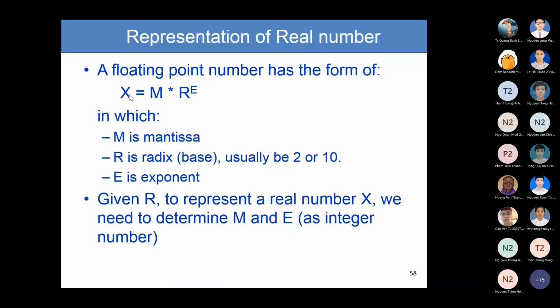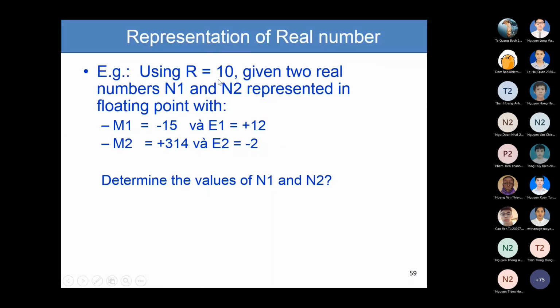Okay, example, using the radix or base equal to 10, it means the decimal system, and given two floating point numbers with mantissa equal to minus 15 and plus 314, and also exponent plus 12 and minus 2.